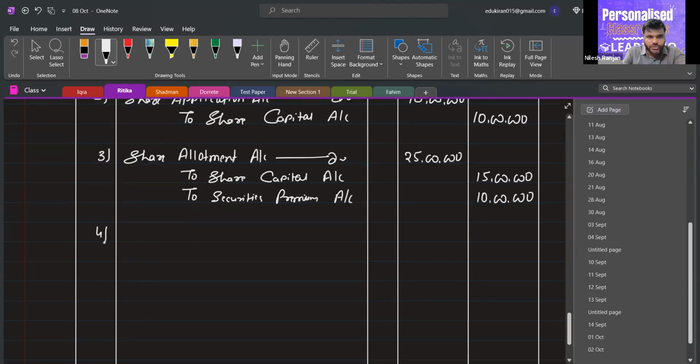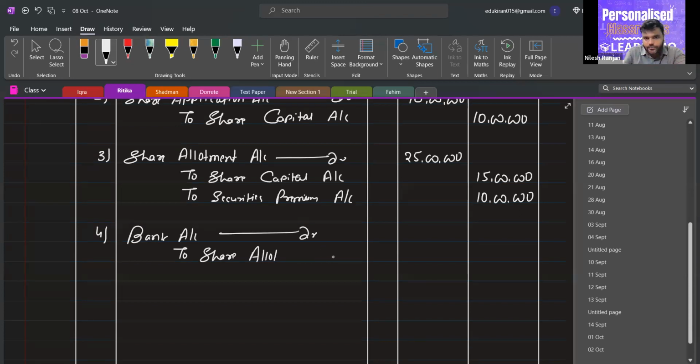Now the fourth entry, bank account debit to share allotment. So we will receive full money on share allotment. No, sir.